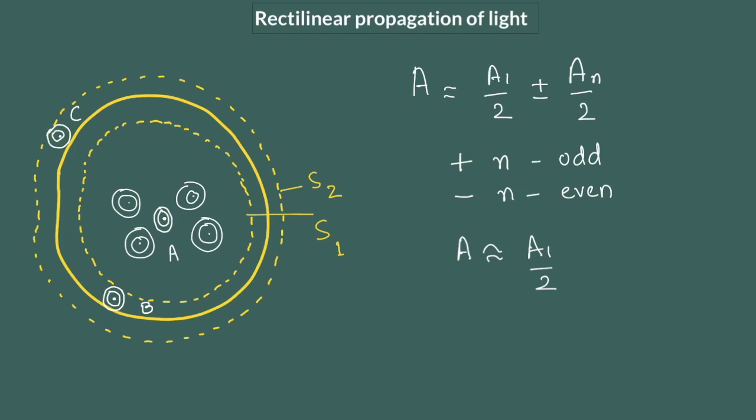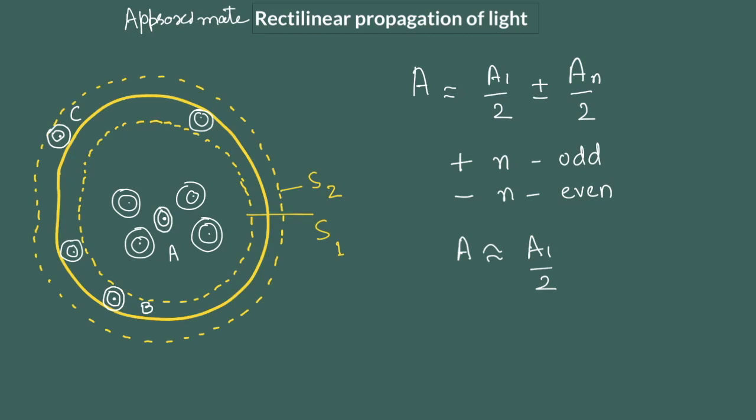Similarly, if I consider the points which are in a similar location, that is close to the edge of the obstacle, all those will only follow approximate rectilinear propagation of light. Similarly, for a pole which is just located outside the edge of the aperture, diffraction will occur and the intensity will keep on reducing as we go away from the aperture.